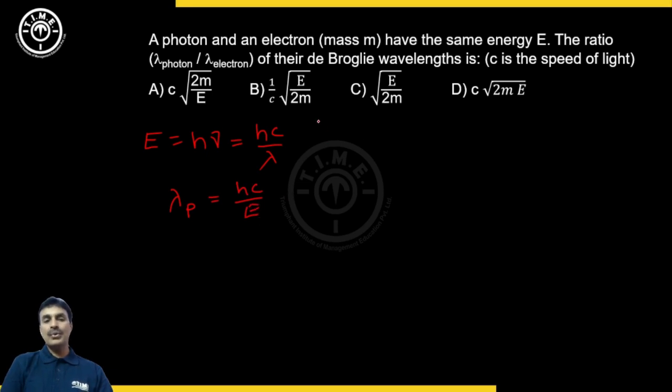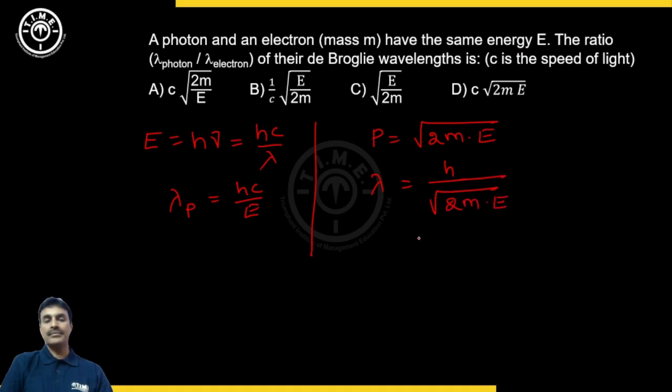When it comes to the electron, on the other hand, we have p of the electron is root 2m times its energy, because both these particles have the same energy. Then wavelength lambda is h by p, h by root 2m times its energy. This is for the electron.